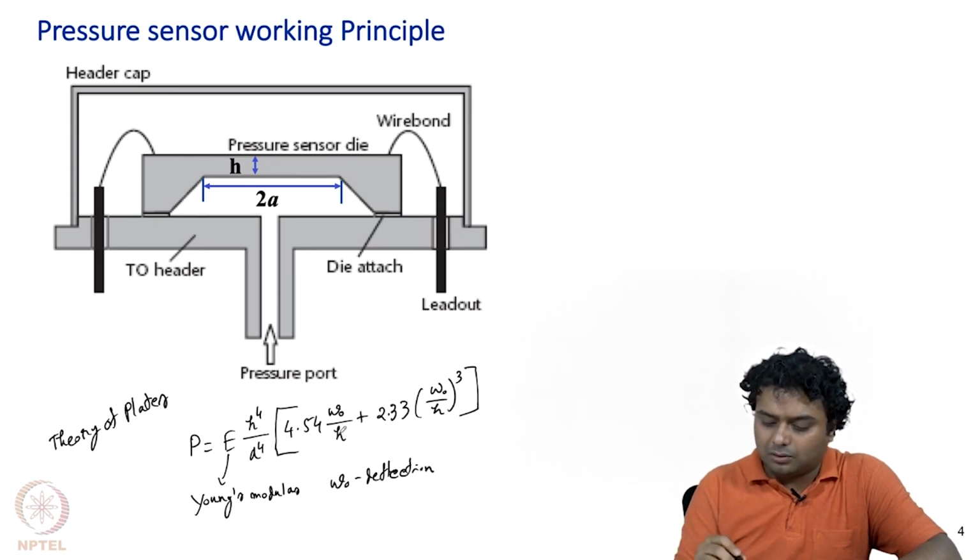All of these terms, like H, are geometry properties. Whatever dimension we make the membrane, accordingly we know H, we know A, and we know E, which is a material property. If we can measure W0, then we can get P very easily, using this expression to calculate the pressure.